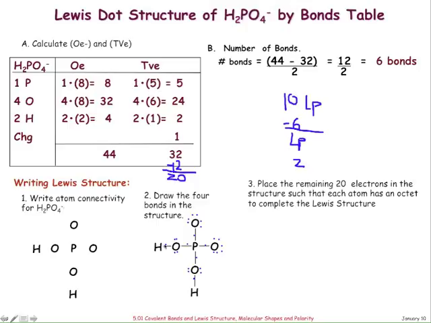If you count, you're going to see that this oxygen has 8: 2, 4, 6, 8. Each of these oxygens has 8. This phosphorus has 8 through its 4 bonds, and hydrogen's totally happy with 2.